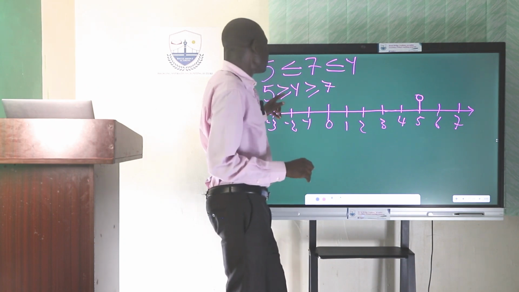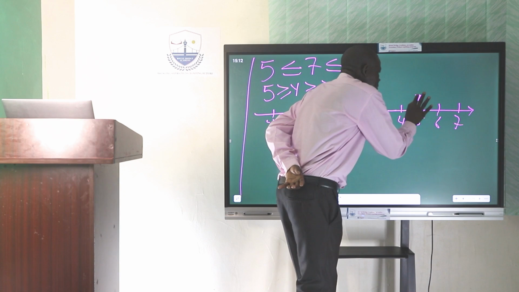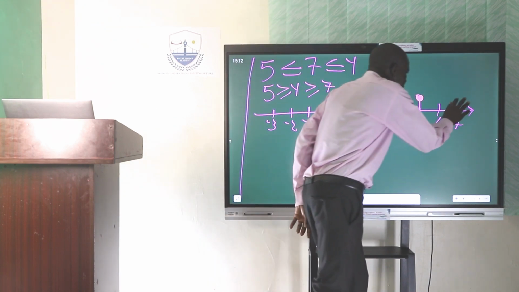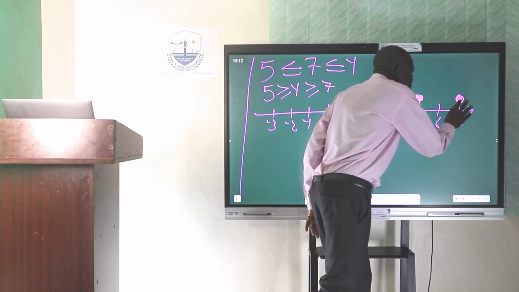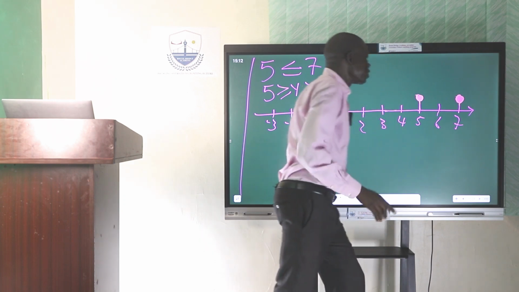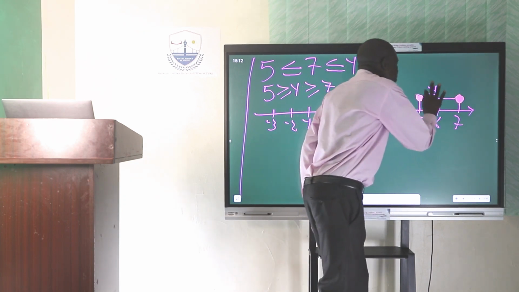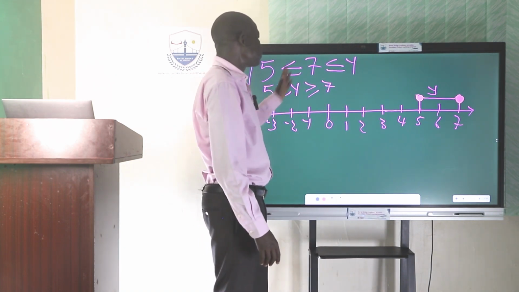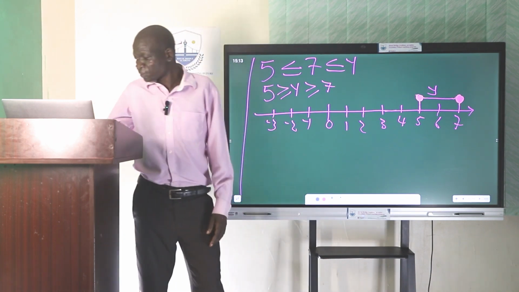Because of the greater or equal, use the solid circle. We go to where 7 is. 7 is here. Because of the greater or equal, use the solid circle. Then join this one to this, and that means y is a figure ranging from 5 to 7. That is how they indicate it.